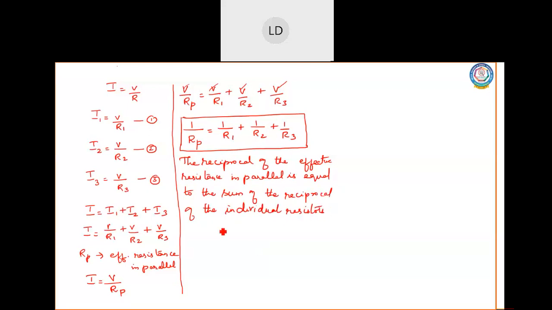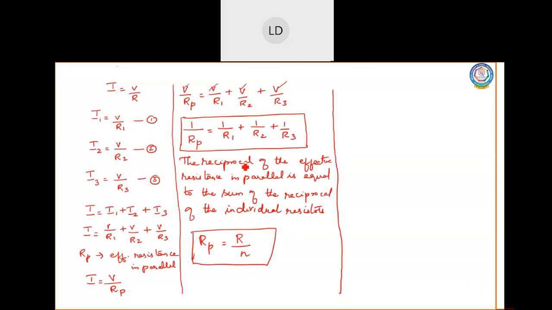So if there are n number of resistors, now here again we have restricted ourselves to only 3 resistors. Suppose if there are n number of resistors, then I have Rp is equal to R by n. Now these formulas are helpful to solve the numericals.